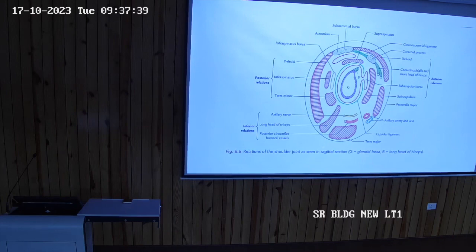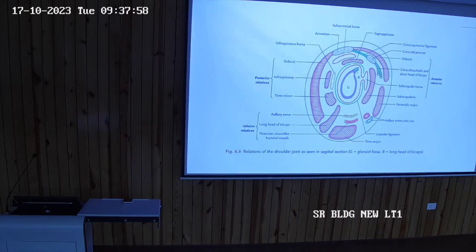Look at the lower part. Previously, at the start of the class, I told you that dislocation of the shoulder joint is very frequent, and this dislocation is more commonly inferior.